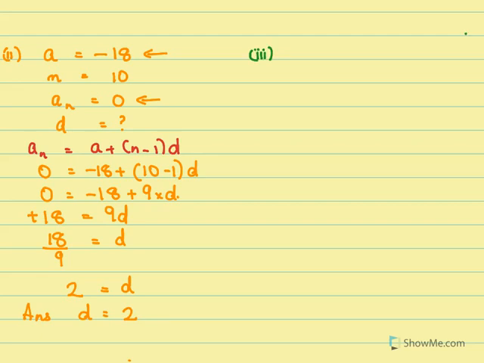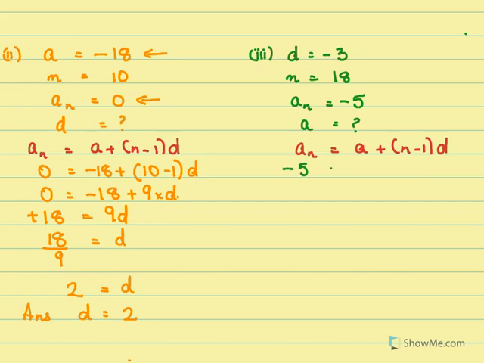For the third, the common difference is given as minus 3, the number of terms n is 18, and the nth term is given as minus 5. We need to find the first term. The formula: the nth term equal to a plus (n minus 1) d. Now we put the values. a_n is minus 5, a we don't know, n minus 1 is 18 minus 1, and d is minus 3.